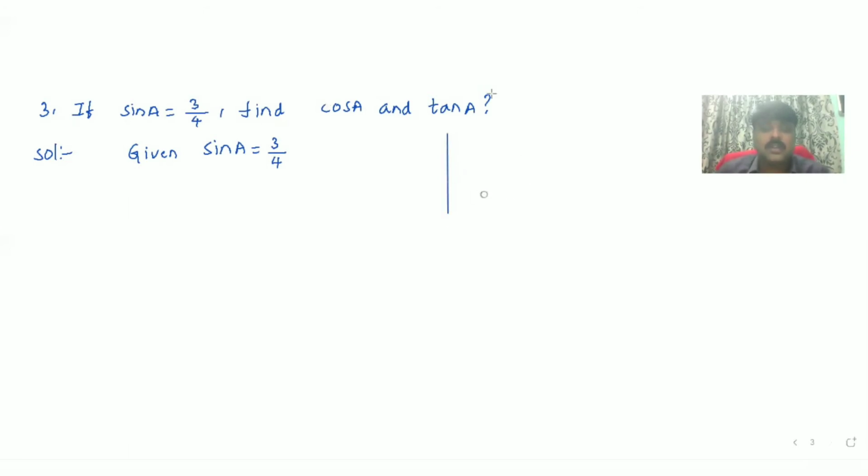Because we are taking all these things in terms of ratios, this is a right angled triangle. Let us say right angled at B. This becomes the hypotenuse for angle A, this is opposite and this is adjacent.